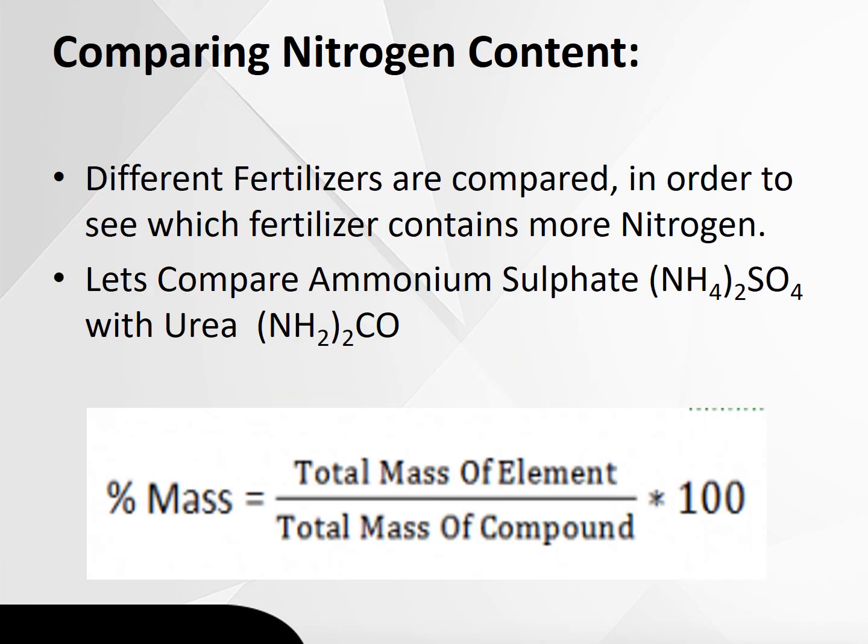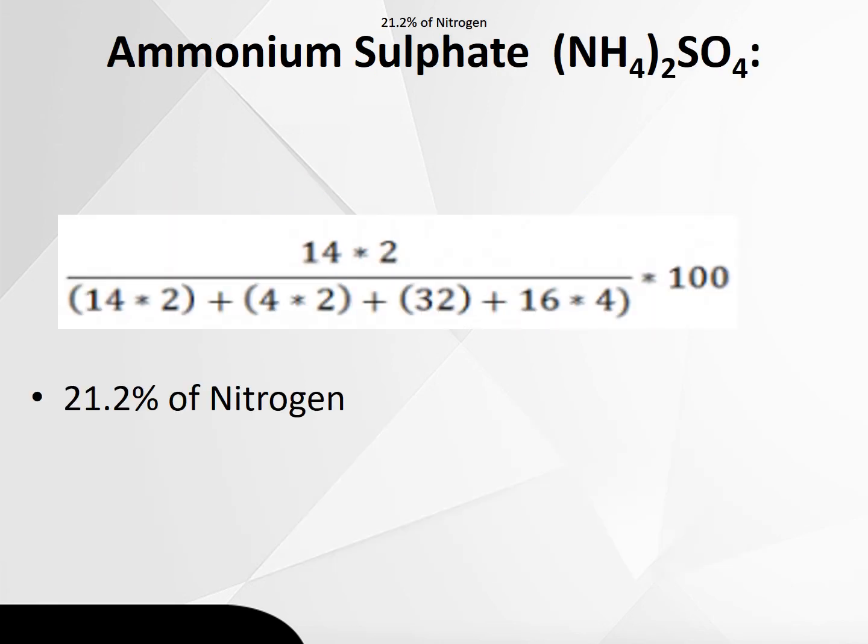Now, comparing nitrogen content: different fertilizers are compared in order to see which fertilizer contains more nitrogen. Let's compare ammonium sulfate with urea, and the formula which is used to find out the percentage mass is equal to total mass of element divided by total mass of compound into 100. Now, first of all, find out the mass of nitrogen in ammonium sulfate by using the same formula. 14 into 2, 14 is the mass of nitrogen multiplied by 2 and divided by total mass of compound into 100.